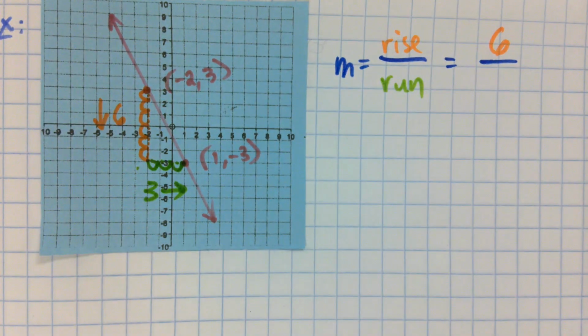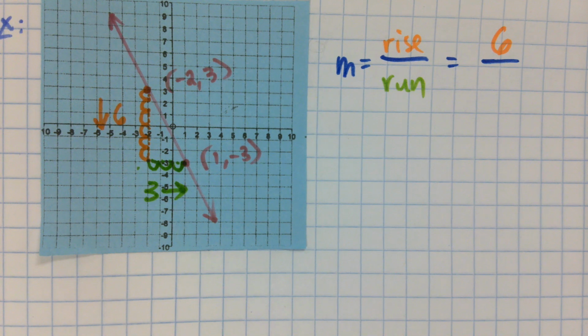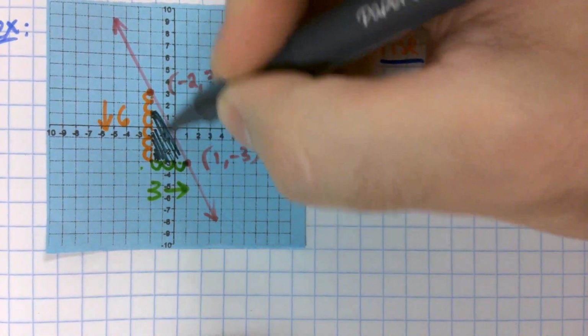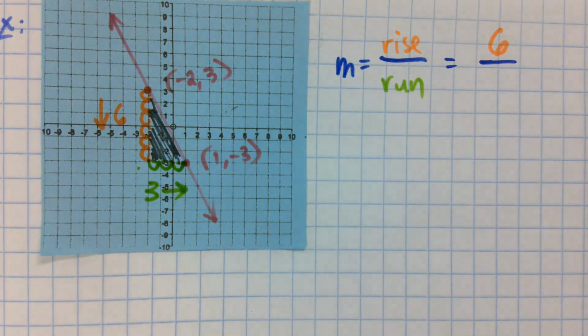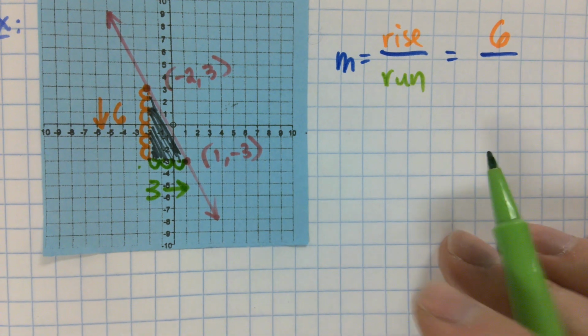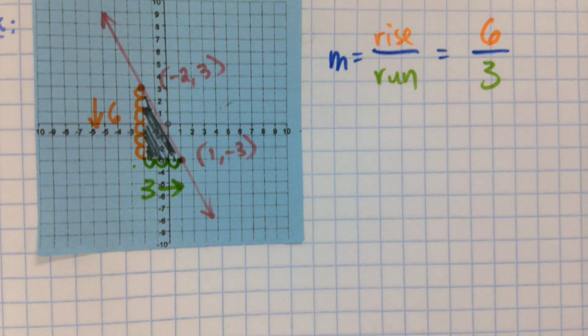And we see there's our little slope triangle that we created, just like that. So our denominator, our run, is going to be 3.